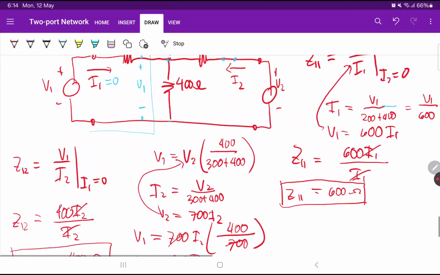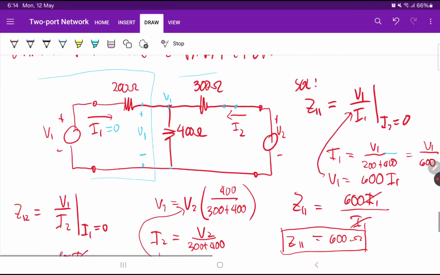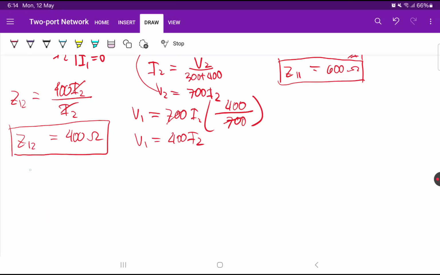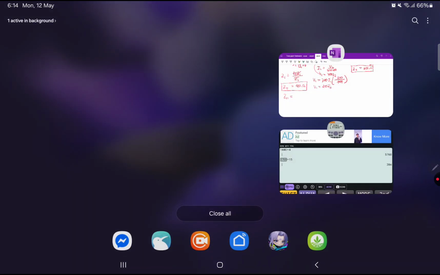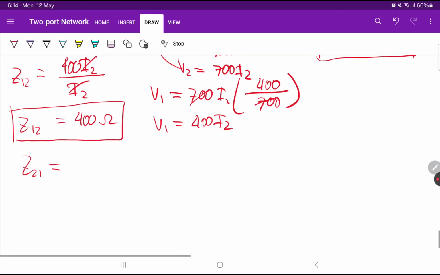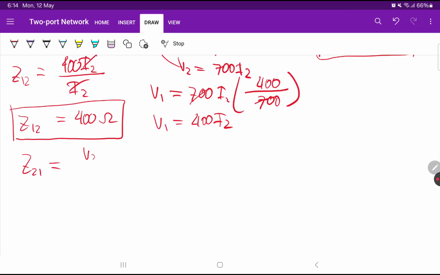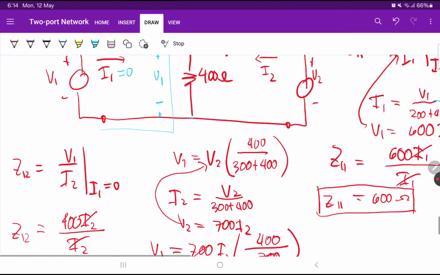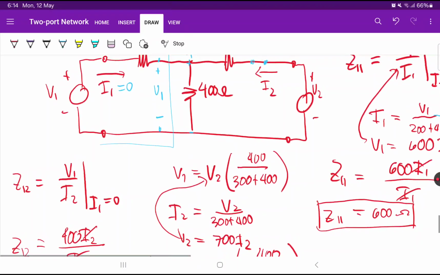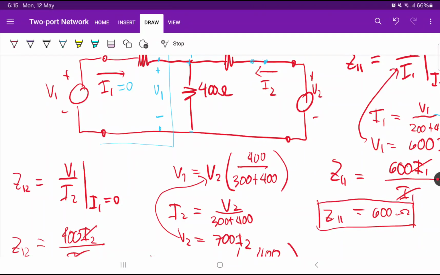Next, for Z21, we can repeat the process again. This will be equal to V2 divided by I1, and we're making I2 equal to 0. So go back to the circuit. If we make I2 equal to 0, it's the same process, we can make the voltage across 400 ohms again be equal to V2.